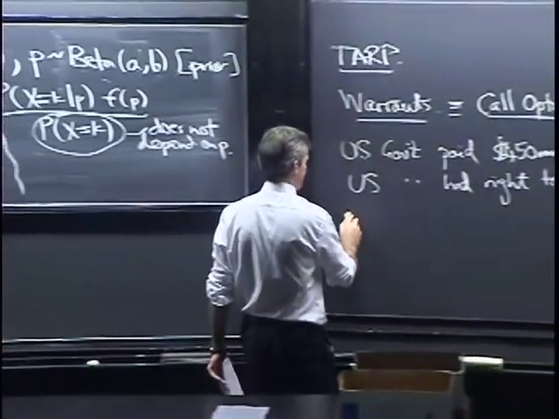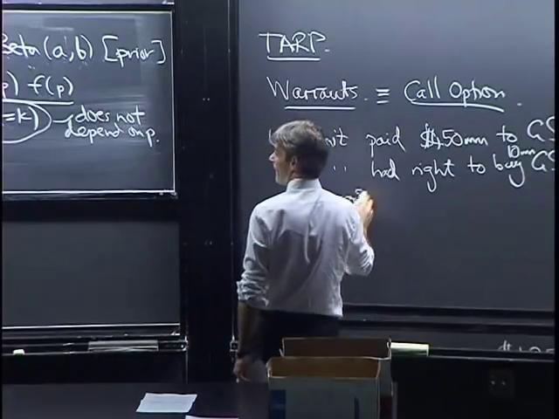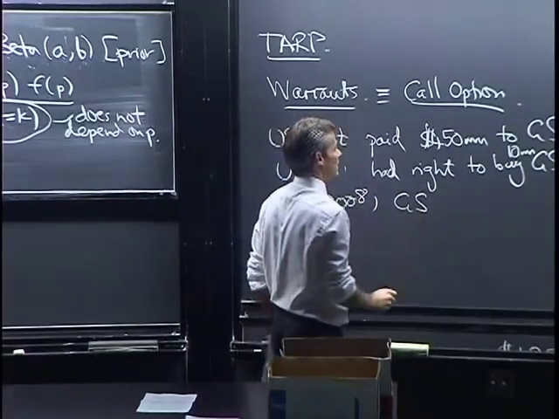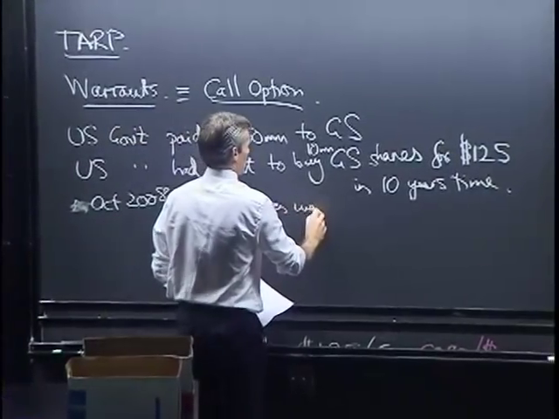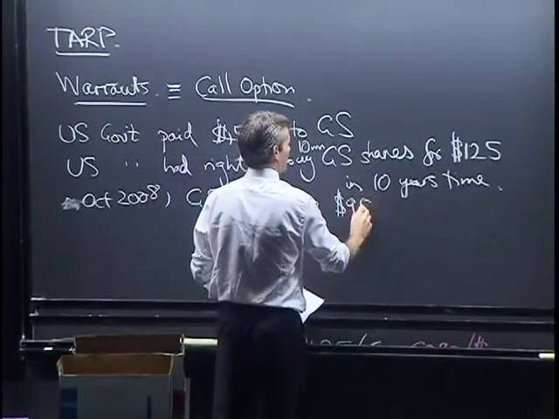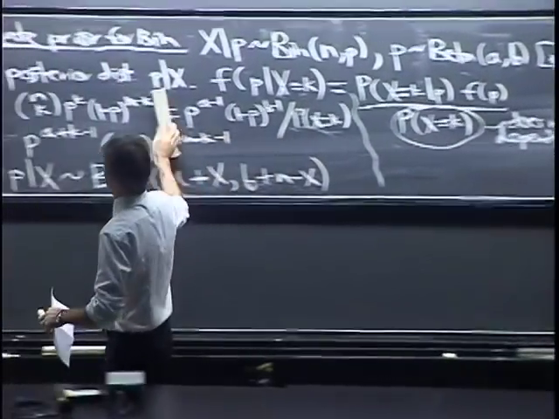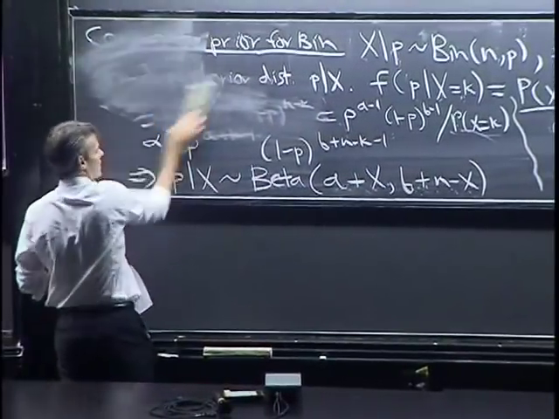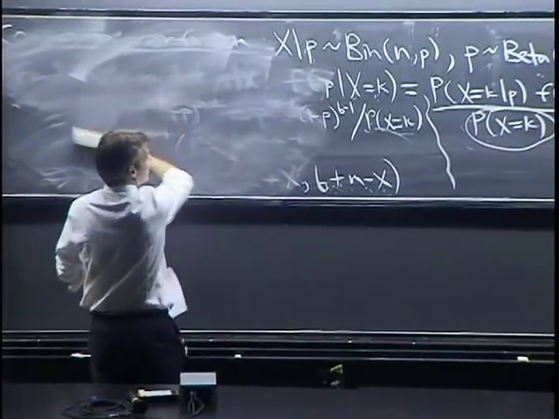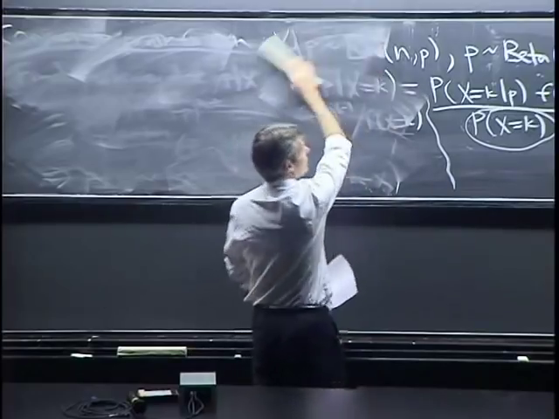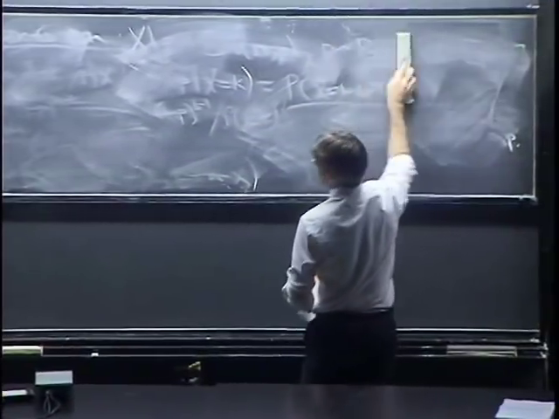At the time, in October 2008, Goldman Sachs shares were trading at $95. So you might ask, what was the government doing paying all that money for the right to buy Goldman Sachs shares for $125 when they could have just gone out and bought them for $95?